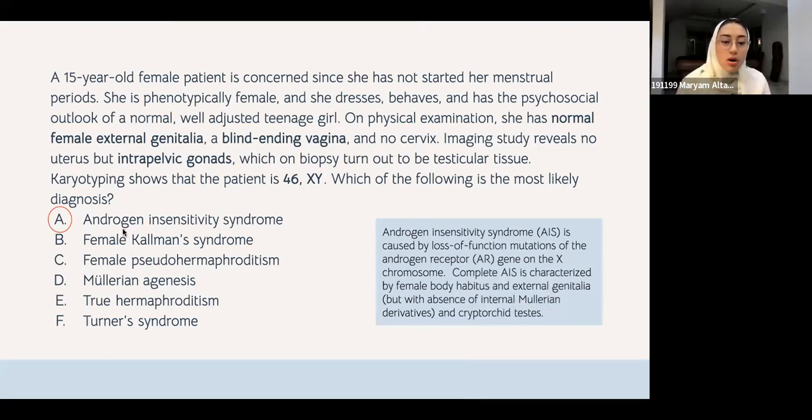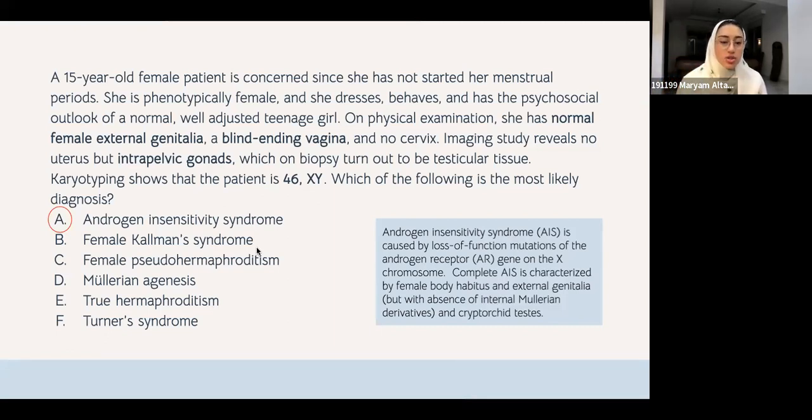Like, what is Kallmann syndrome? Kallmann syndrome is when the GnRH producing neurons are non-functional. So there's no GnRH. So it's what we call hypothalamic hypogonadism, meaning that you have no production of the hormones in the beginning.